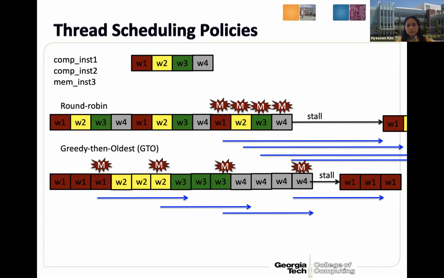In this case, it illustrates the memory accesses. In that case, we switch to another warp and execute it. Then you see another stalling event, and we switch to another warp, and so on.